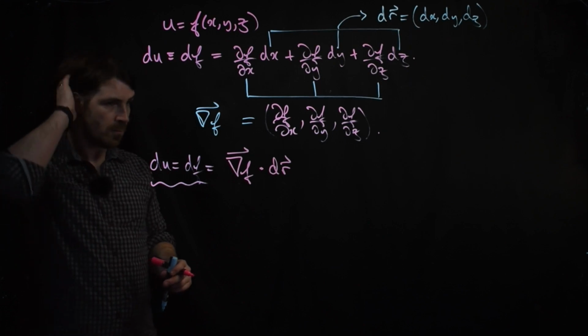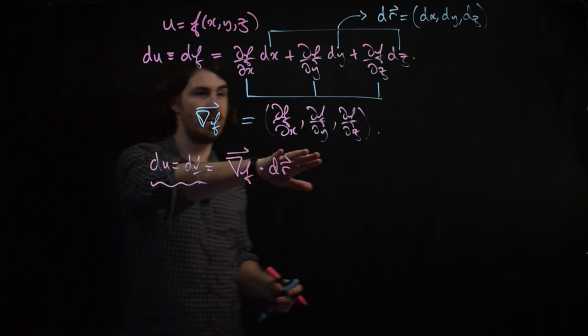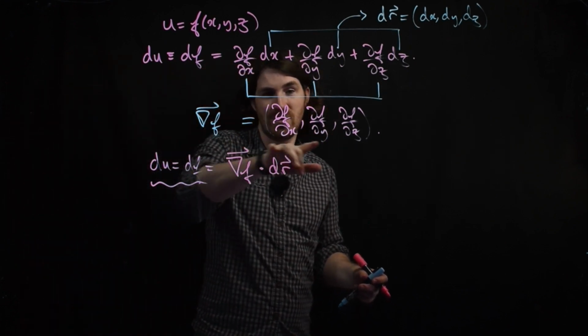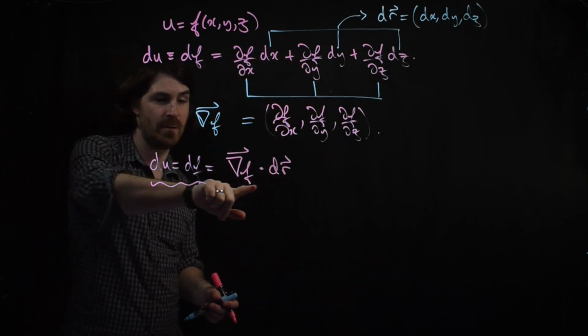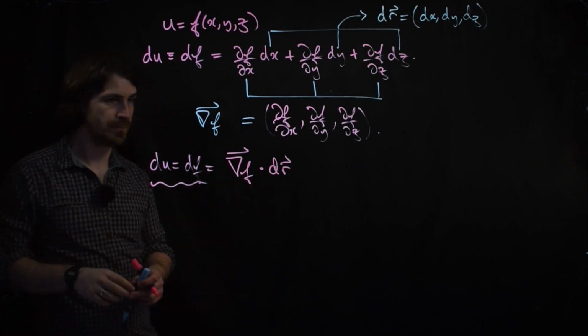So what does this mean? What is this gradient? What does this vector represent? And what can we read into this total differential?